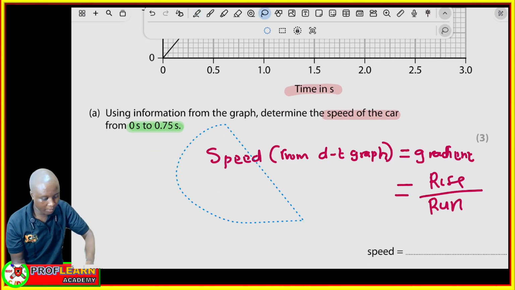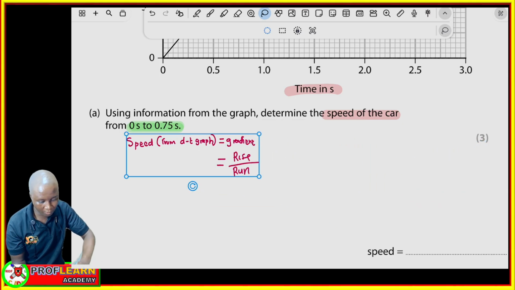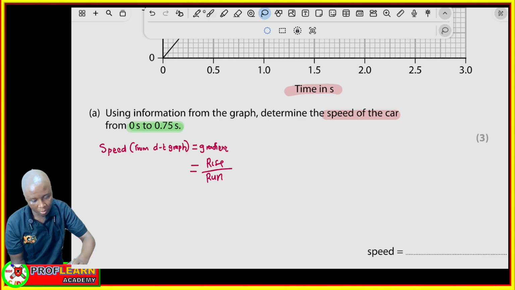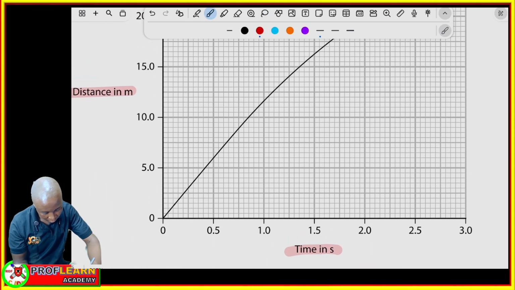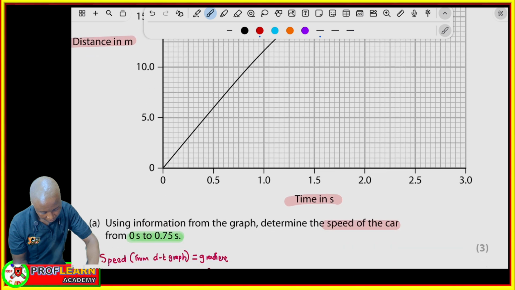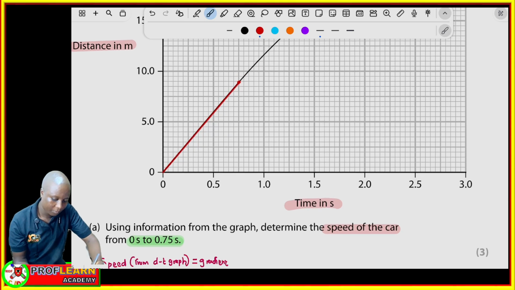So according to the information provided here, we are going to work out the gradient in this region, up to this point here.